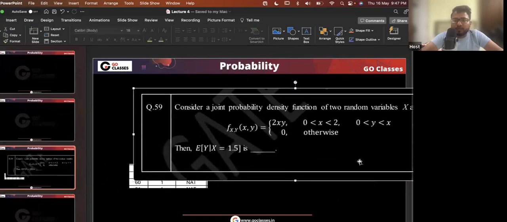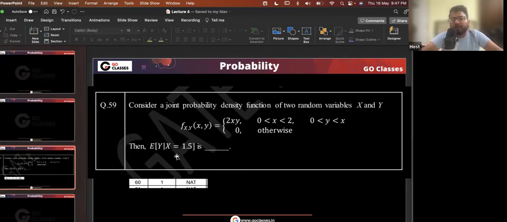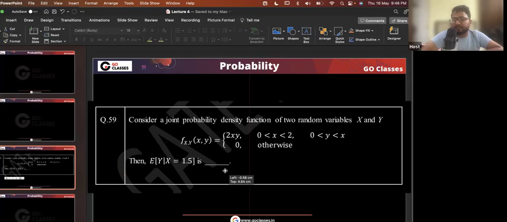So you see this question. They have given the joint PDF and then they're asking you to find the conditional PDF. This was question number 59 in GATE 2024. In GATE DA 2024, they asked about the joint PDF and the conditional expectation. So once we cover this joint PDF and the related questions, for example conditional expectation, this question will be very straightforward. This is a very easy question once you understand the basics.